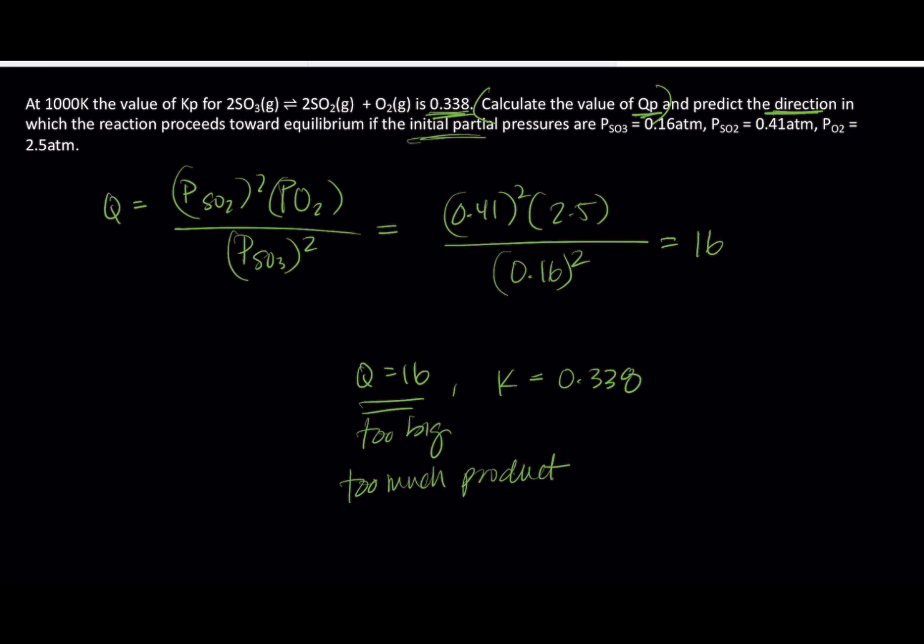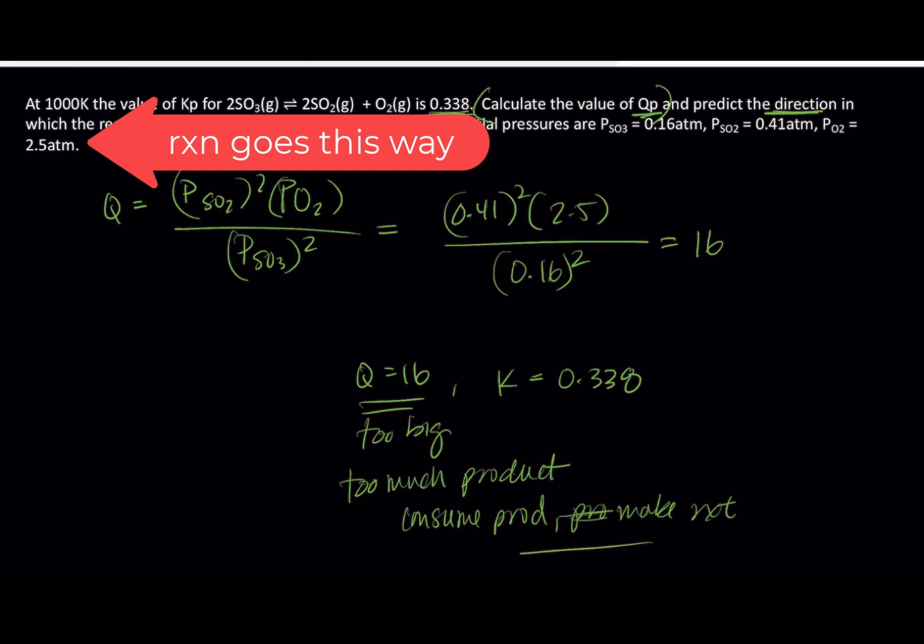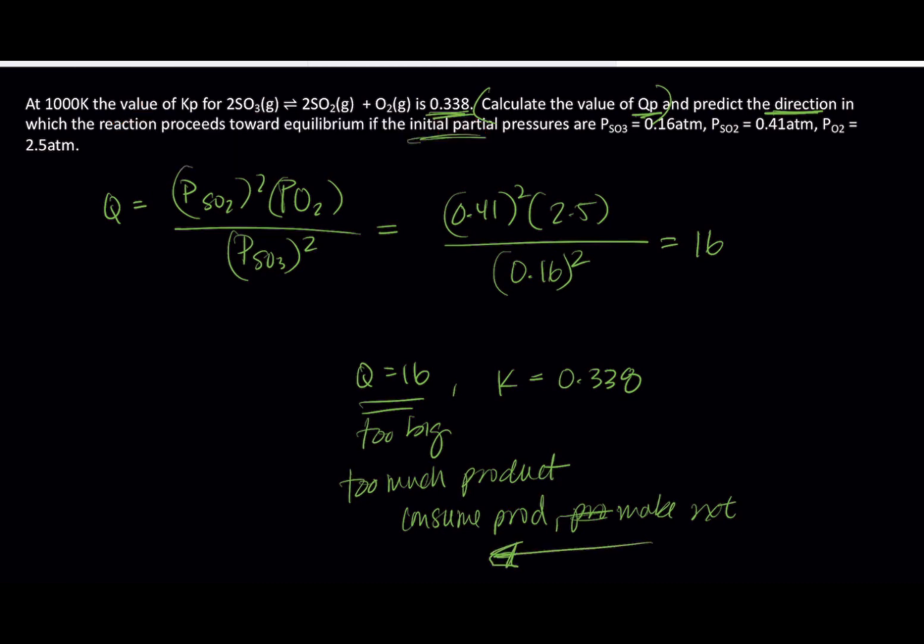So what we're going to do is consume product and produce reactant, which means it's going to go in this direction. Does that make sense? That's what the reaction is going to do, so that it heads toward K, because reactions will move toward whatever their equilibrium is.